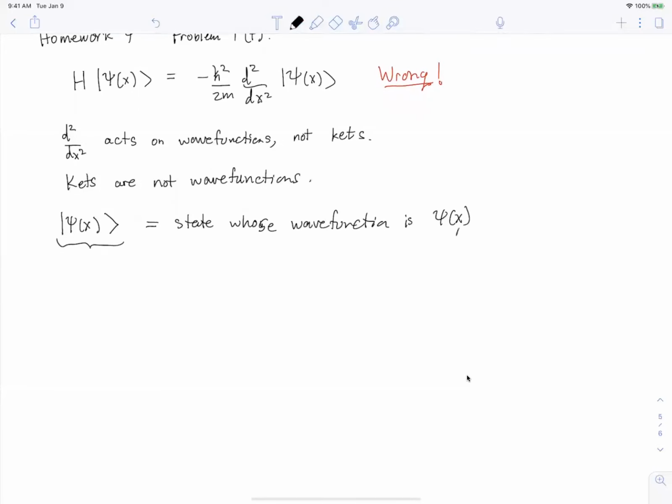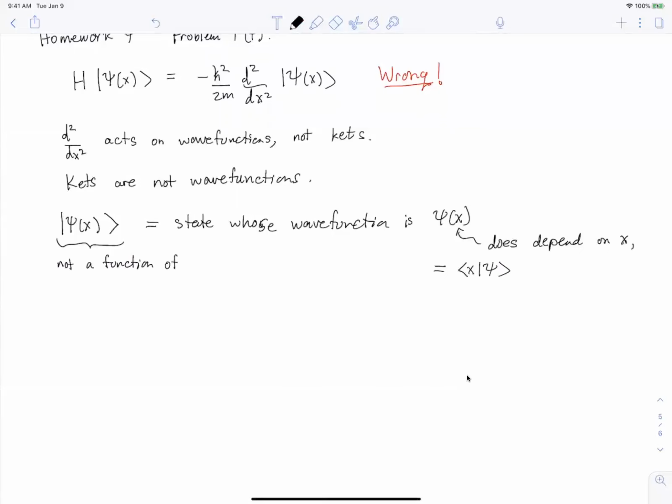The wave function psi of x is the thing that has an x dependence, and so you can talk about taking derivatives of it. It's equal to the inner product of x with psi. Whereas this expression on the left is not a function of x, despite appearances.